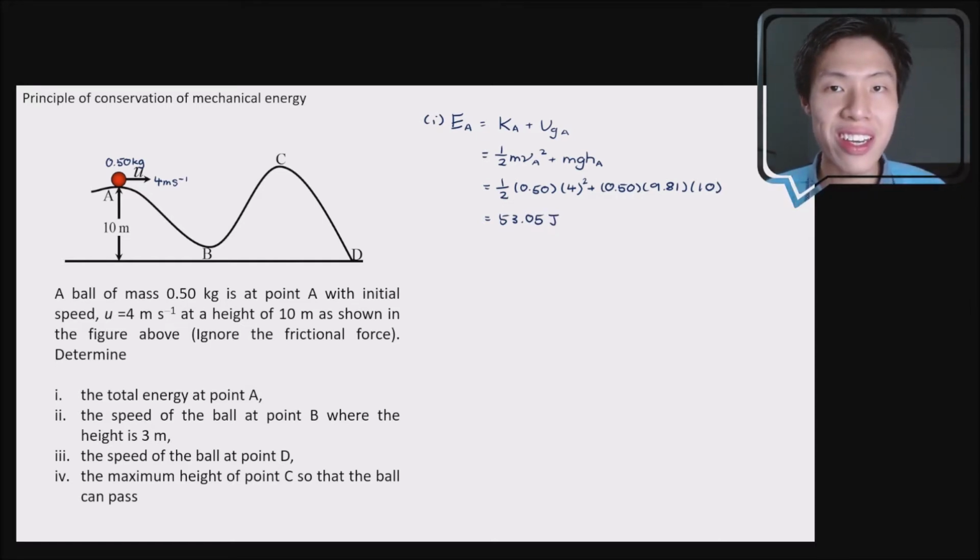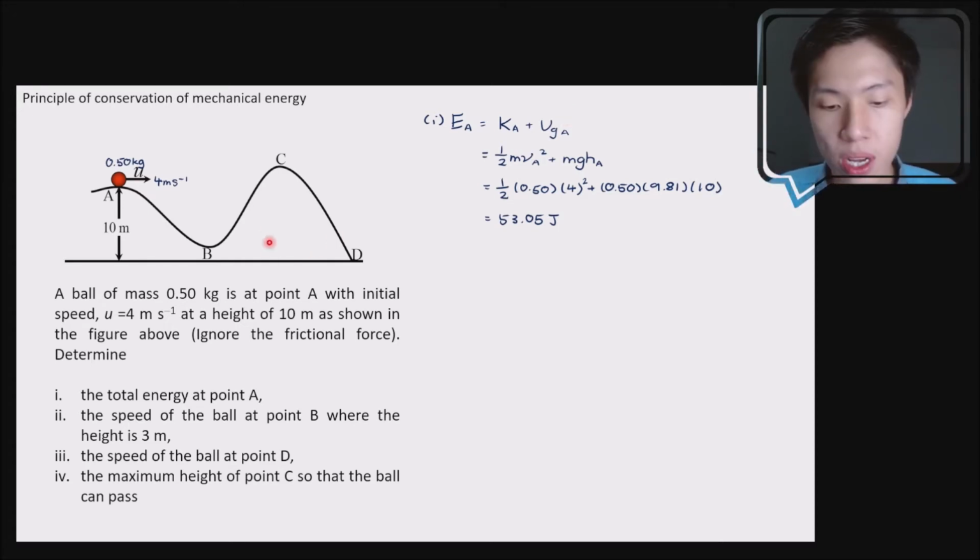Now here's the thing. This question, technically any answer is possible. Why do I say any answer is possible? Because here you have something called the potential energy. If you remember from my video where I explained potential energy and kinetic energy, potential energy depends on where we set our reference position.